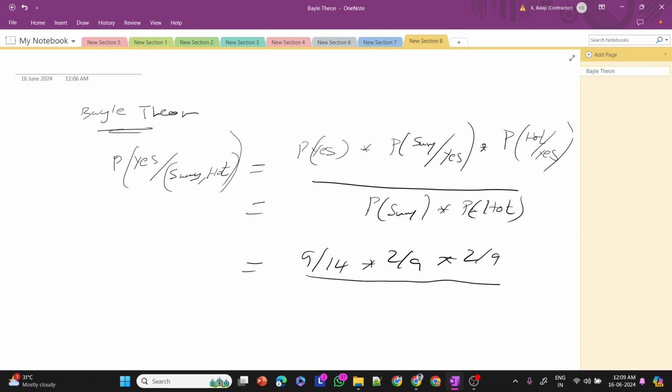We will ignore the denominator because it is a constant value. It is the same for both the probability of S when it was sunny and hot and the probability of no when it was sunny and hot, so we can consider it as a constant and ignore it. Cancelling the 7, and 2 by 7 into 9 is equal to 2 by 63, and we compute the value 0.031.